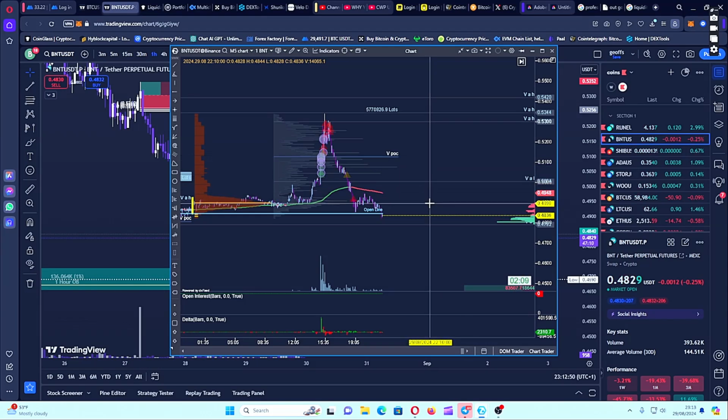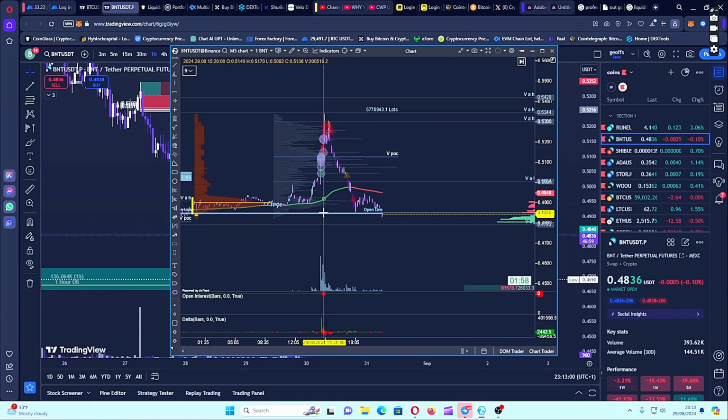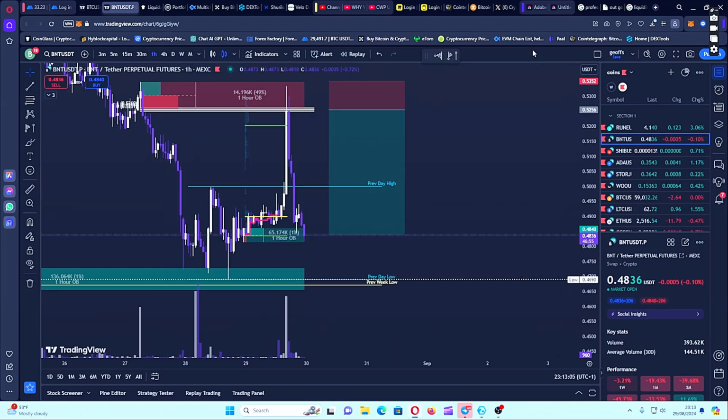Your TPOC is at the 4900. And then you've got the opening line of the starting of the trading day here. So you're just using this, and this. It's so simple.